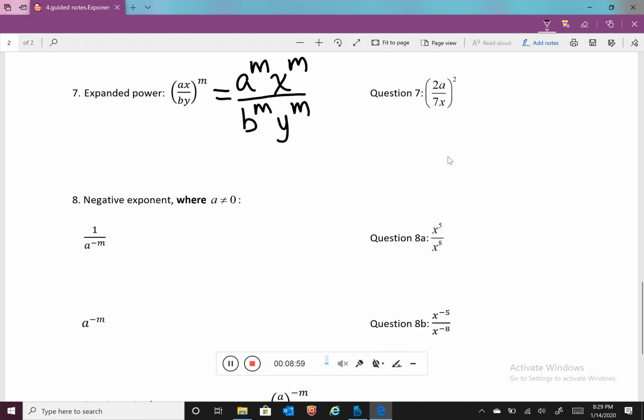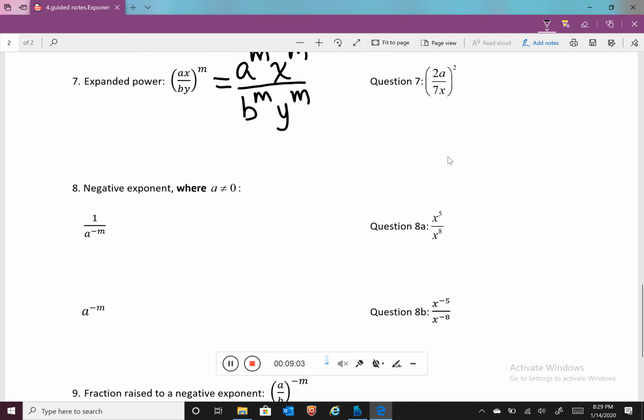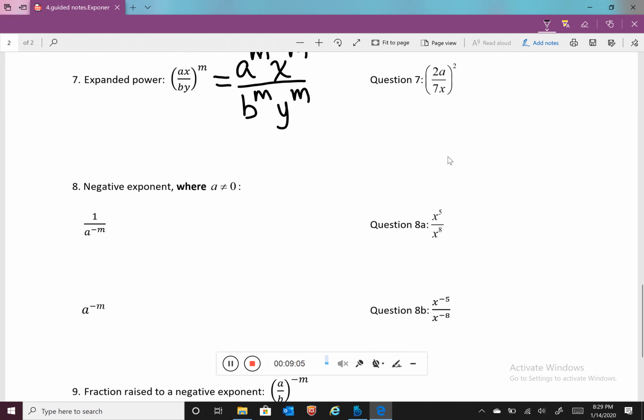Our next one is looking at negative exponents. We do need to make sure that a cannot be 0. Remember, if your denominator is 0, that is undefined, so we're not going to be able to let a be 0 here. If we have a negative exponent in the denominator, then we're going to move the base to the numerator.